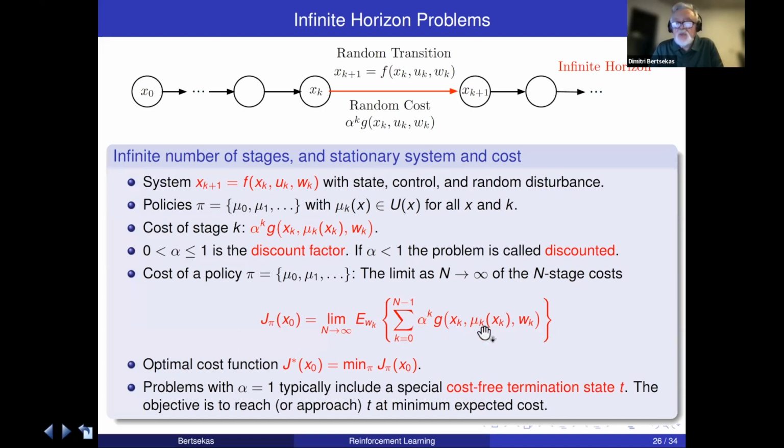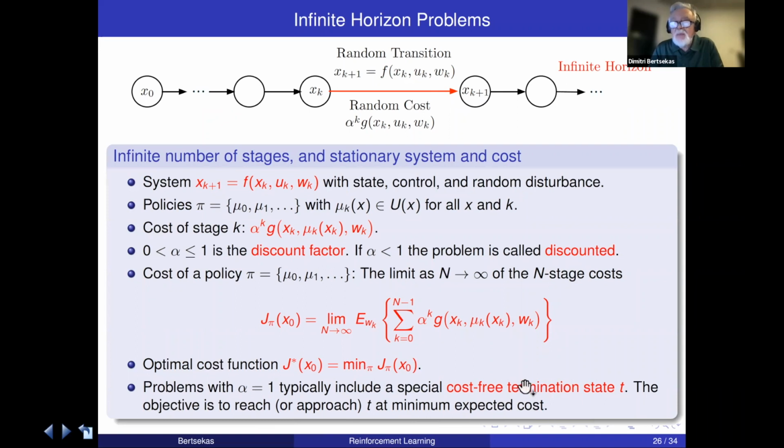But in order to keep this cost finite, they typically include a special termination state. So basically, these problems are finite horizon problems, except that the termination state and the termination time is random and it's not determined a priori. So the horizon itself is kind of random. And in these problems, the objective is to reach or approach t at a minimum expected cost.